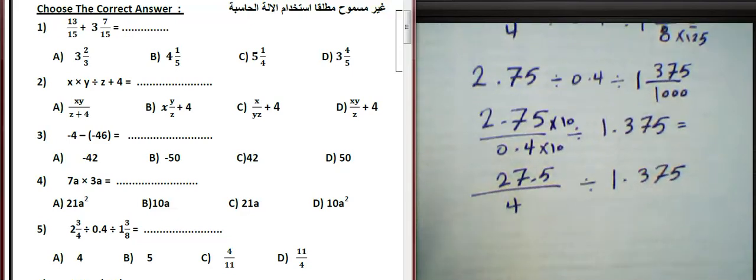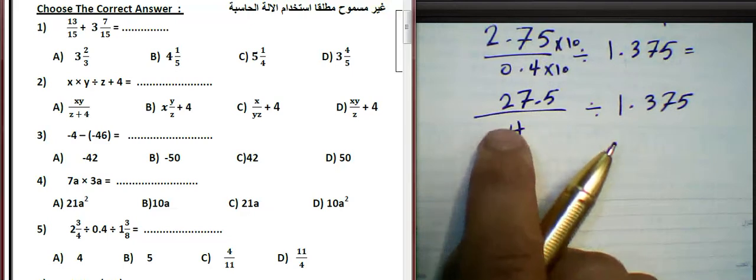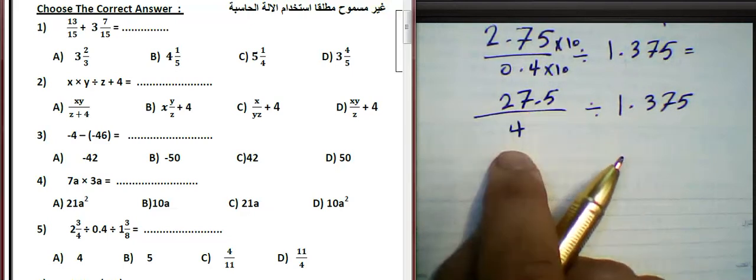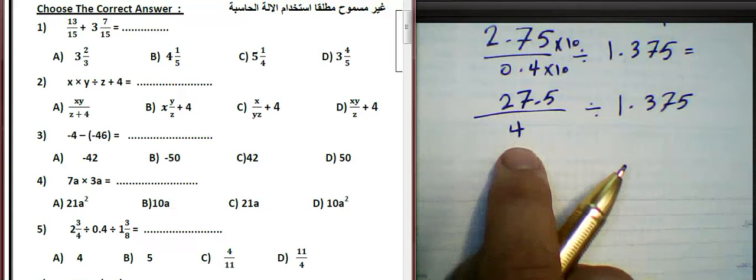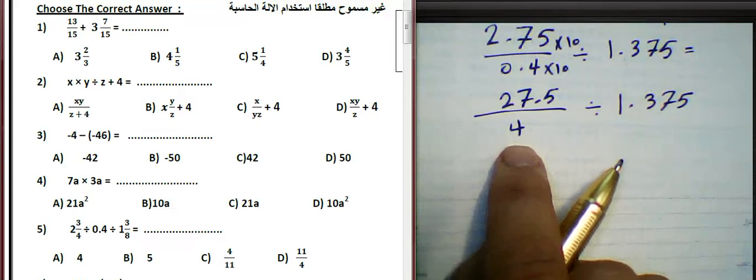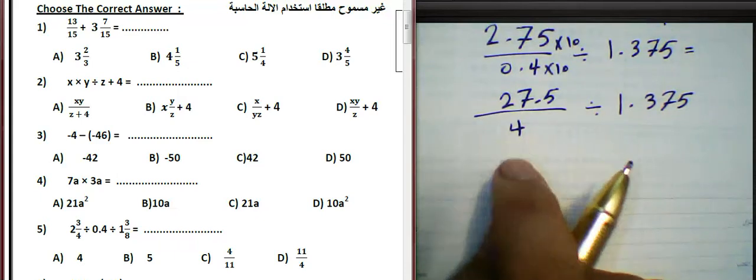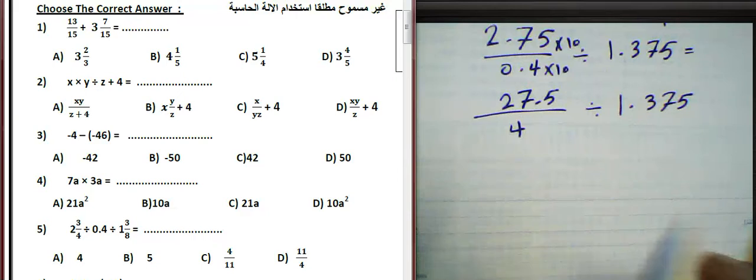1.375. The next step, we can divide 27.5 by 4. Look with me. 2 divided by 4 is small, because 2 divided by 4 will be a decimal number less than 1.